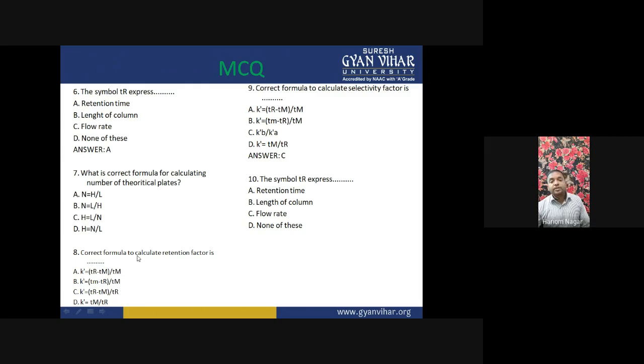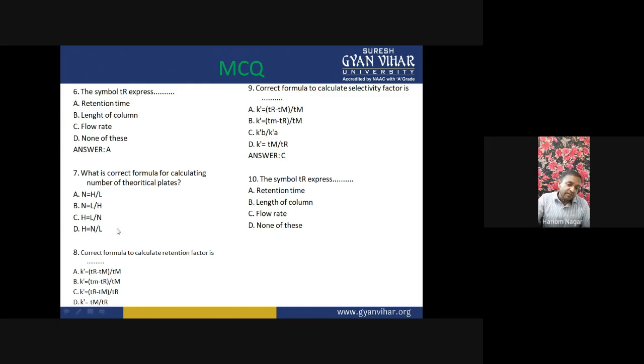So what would be the correct formula to calculate retention factor? This is the correct formula: TR minus TM upon TM. Here TR is the retention time, the time taken by the solute molecule to pass through the column, or we can say the time for which solute molecule interacts with the stationary phase.